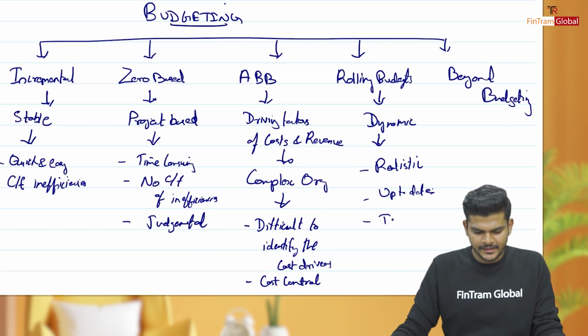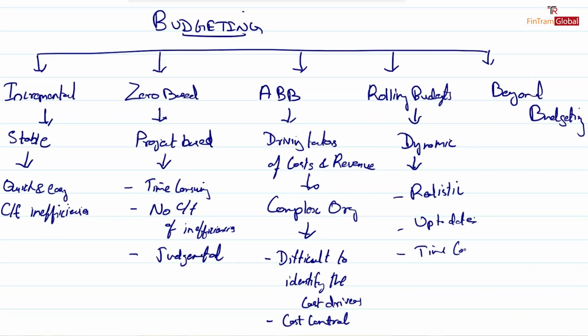However, it is again time consuming, and managers may find it a bit demotivating to continuously update the budget again and again. Why? Because it's expensive as well, right? Okay, folks, so unless your business organization has a dynamic environment, we cannot implement this budget.